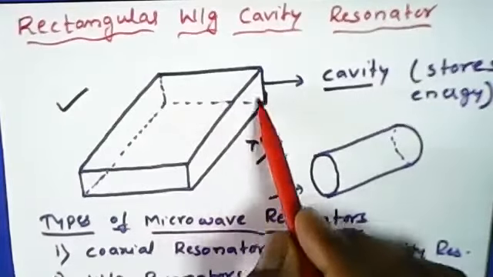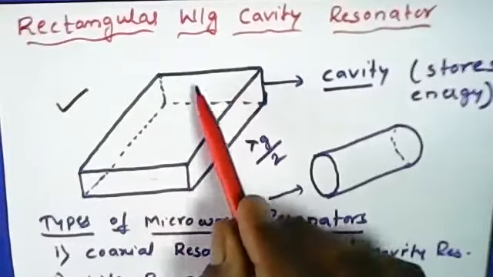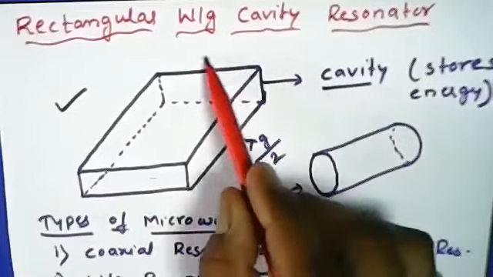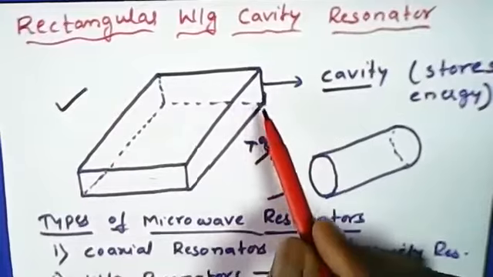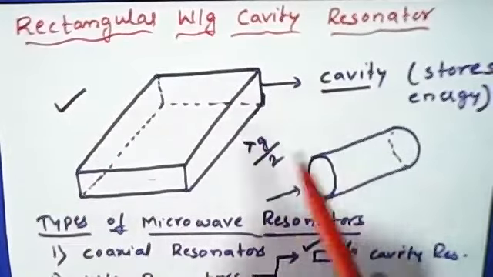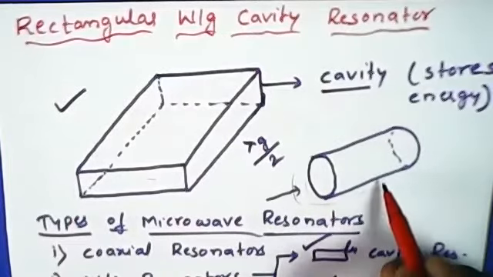When the two ends are shorted, it stores the energy within this enclosed surface, and this entire thing is called a cavity. If the cavity structure is rectangular in shape, it is called a rectangular waveguide cavity resonator. If it is circular in shape, it is called a circular cavity resonator.